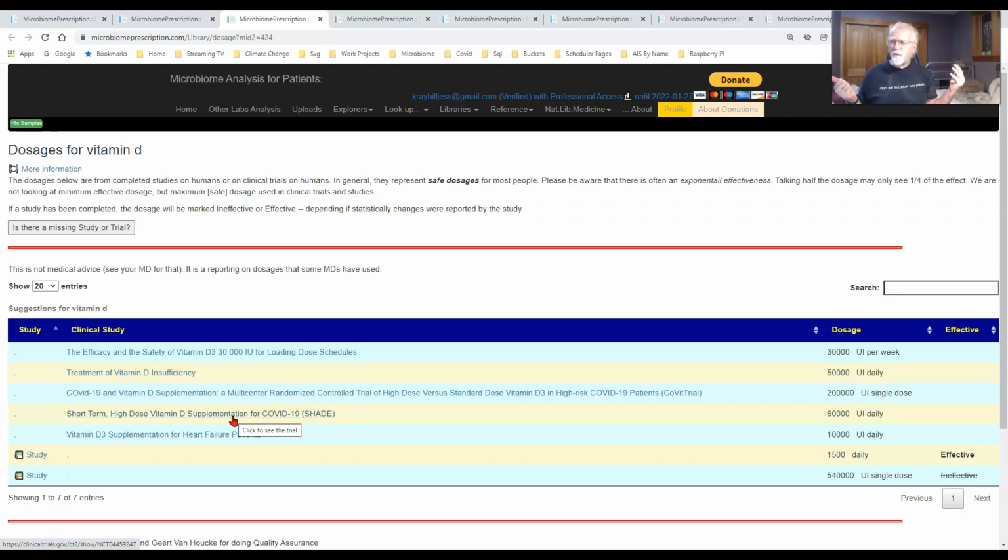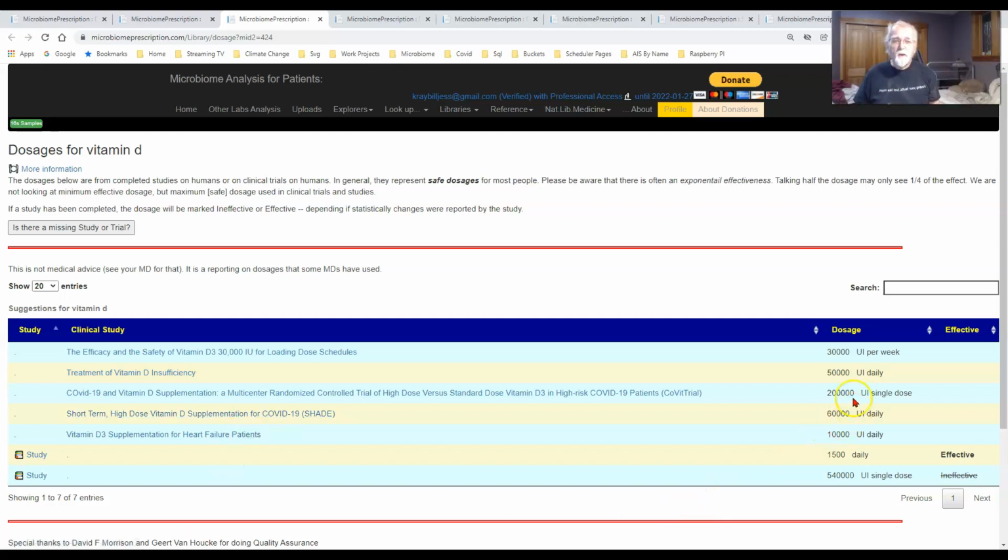I think it used to be just 50 IUs, sorry, I think it's now up to 200 IUs. And historically, that 200 IUs is the level defined to be sufficient to stop having rickets. Not necessarily to be healthy, just enough to not have rickets.